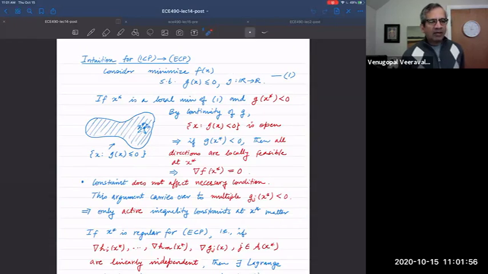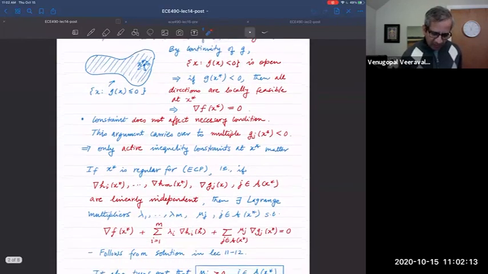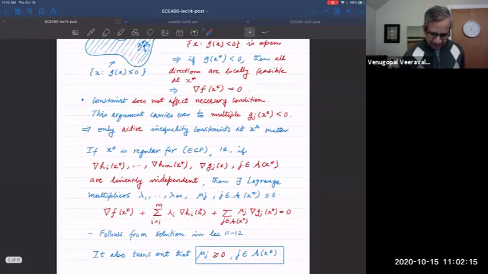And if it's sitting in the interior, then all directions are feasible, and so the gradient being 0 is not going to be affected by the constraint. Right? So that was the intuition. And then we proved that more formally in a result called the KKT theorem.